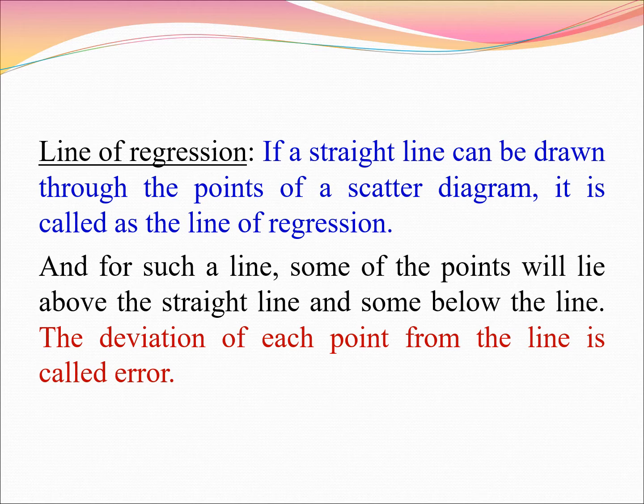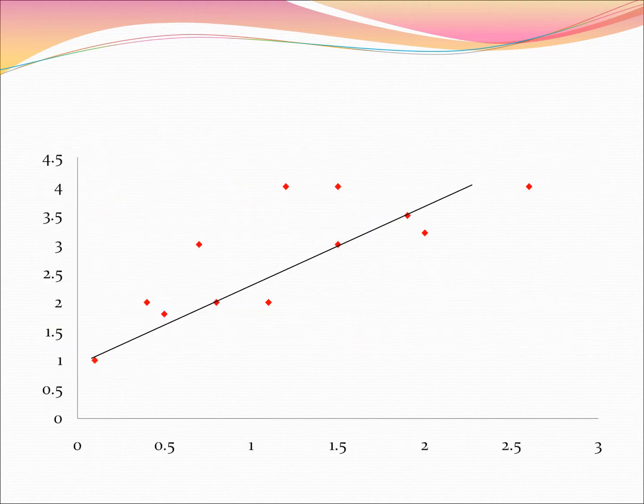and the difference of each point from the line, or the distance of each point from the line, is called an error. If you look at this diagram, you can see that there are points above the line as well as below the line.